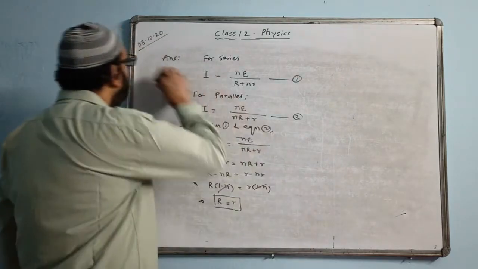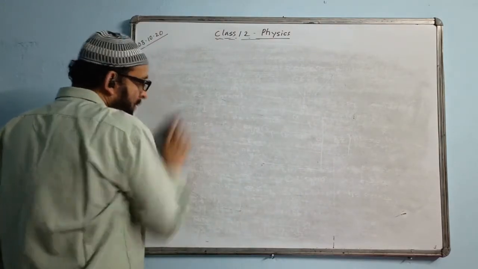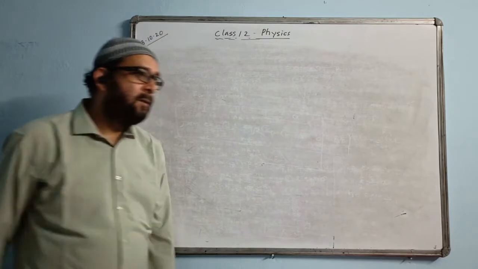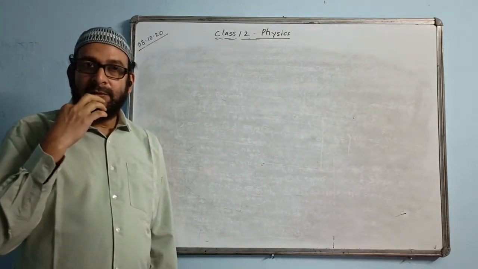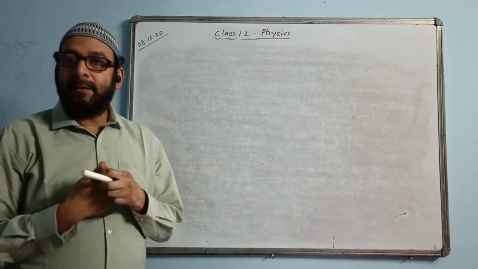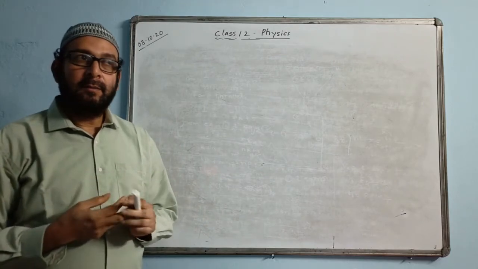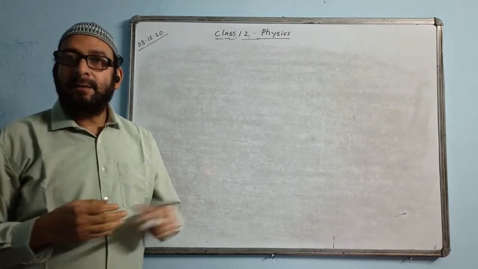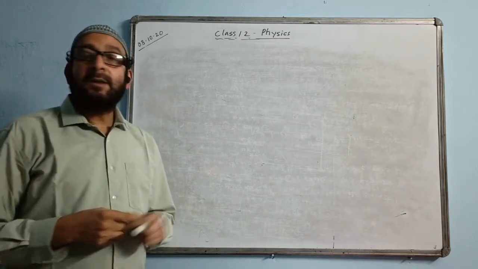Now, we do the next topic. There are 3 types of instruments. One is called ammeter, one is called voltmeter, one is called galvanometer. What is an ammeter? It is an instrument which measures current. What is the voltmeter?